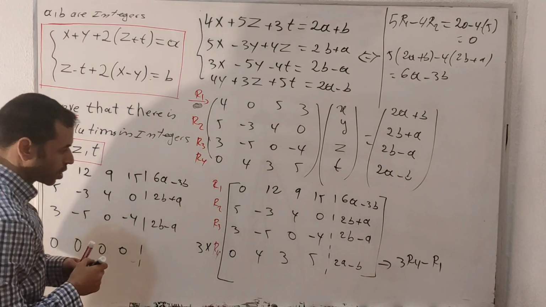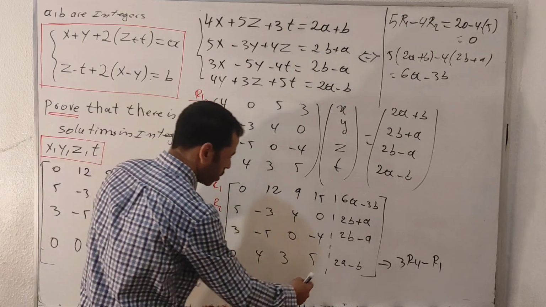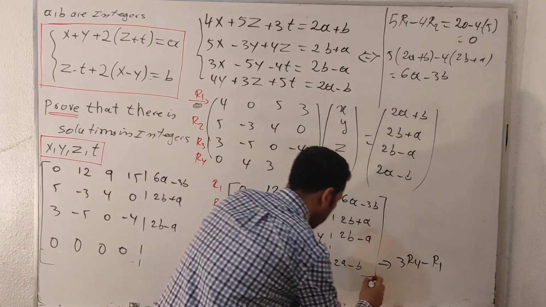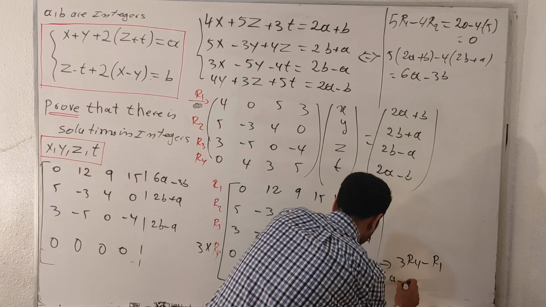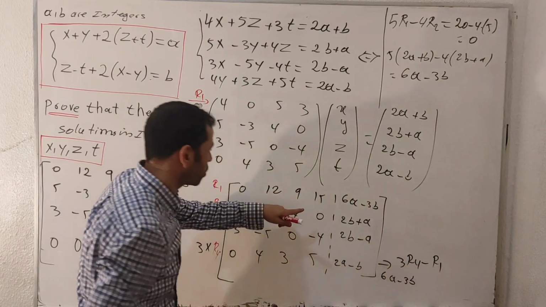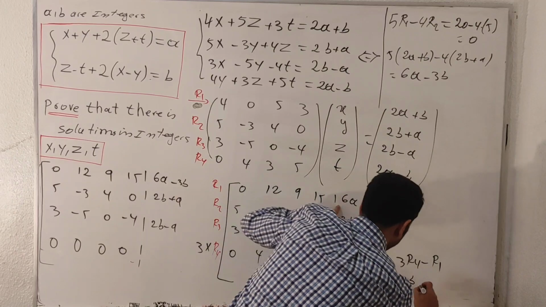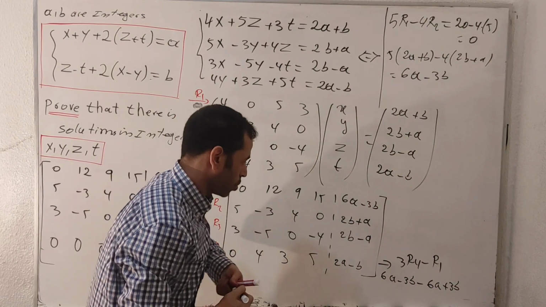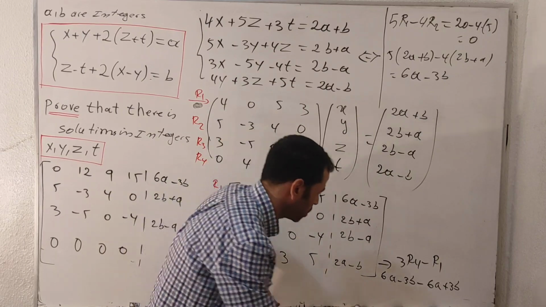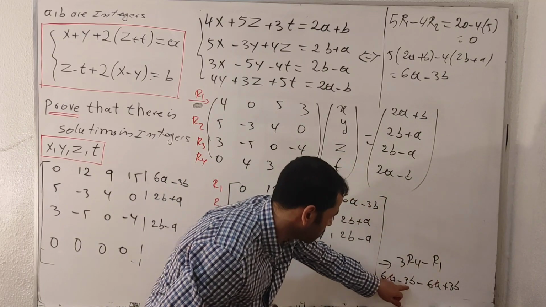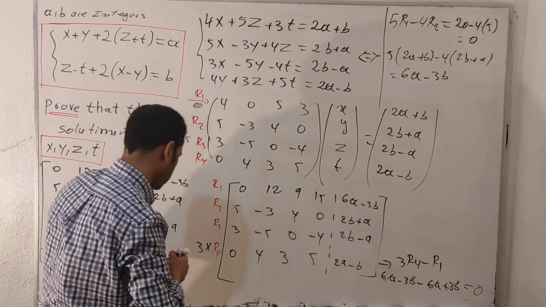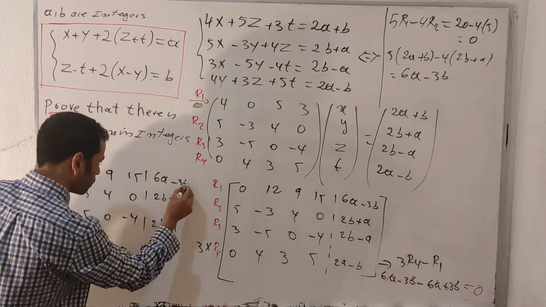For the last one, as I multiplied by 3, here also I will have 6a. This one will have 6a minus 3b minus the first row, which is minus 6a plus 3b. So 6a minus 6a gives us 0, and minus 3b plus 3b is 0. The whole thing is 0, which means this row is 0.